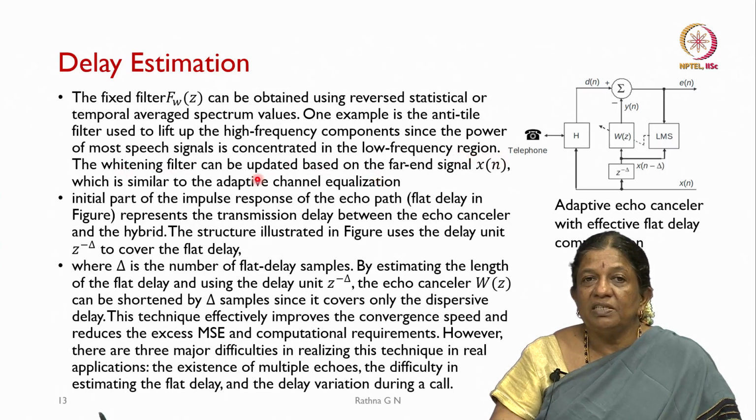So, the whitening filter can be updated based on the far end signal x(n), which is similar to adaptive channel equalization. The initial part of the impulse response of our echo path, that is the flat delay in the figure, represents the transmission delay between the echo canceller and the hybrid.